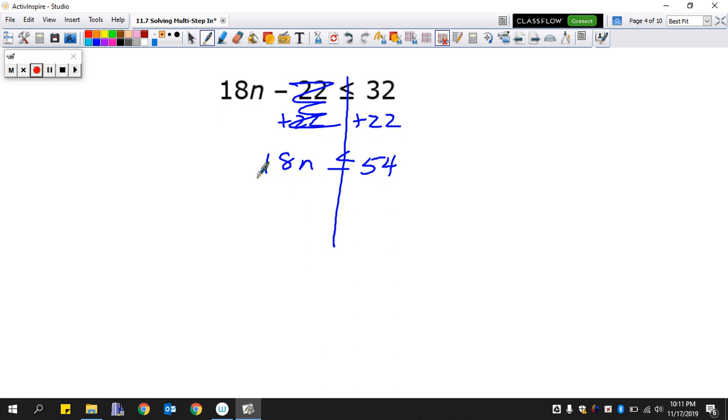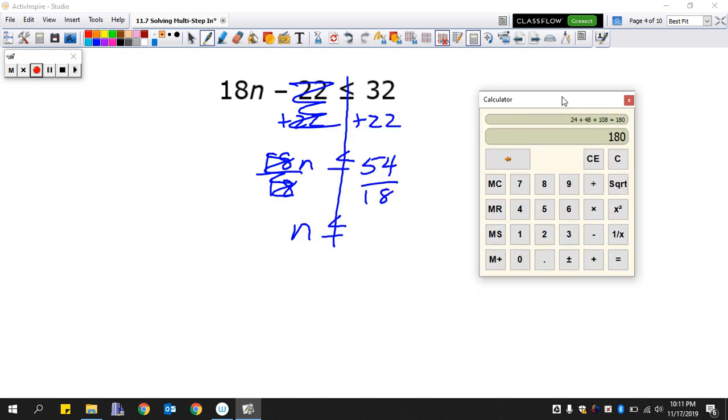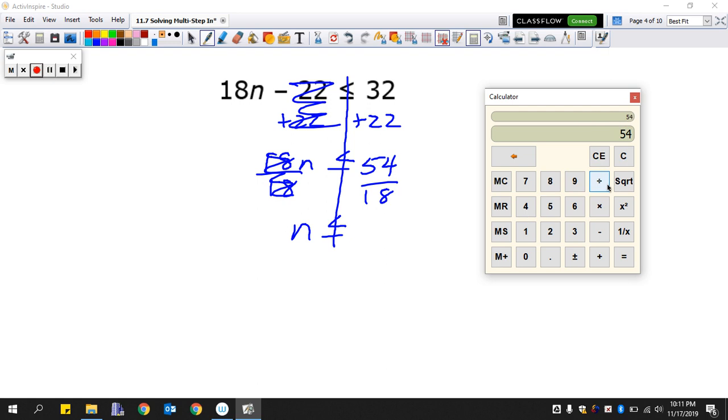Divided by 18. Divided by 18. So n, 18 is a positive, so to keep the same inequality symbol, 54 divided by 18, I believe, is 3. I'm going to double check. 54 divided by 18 is indeed 3.